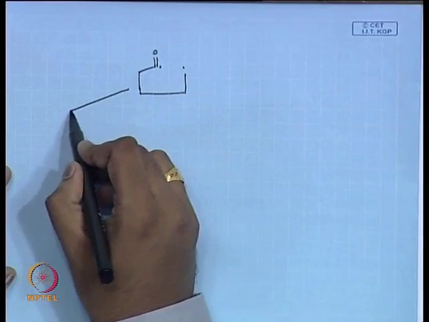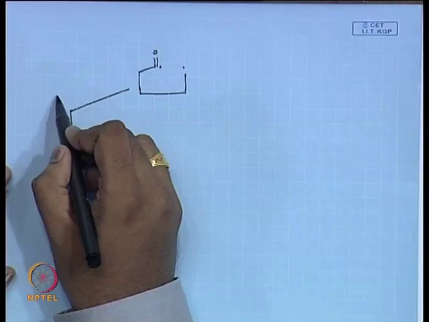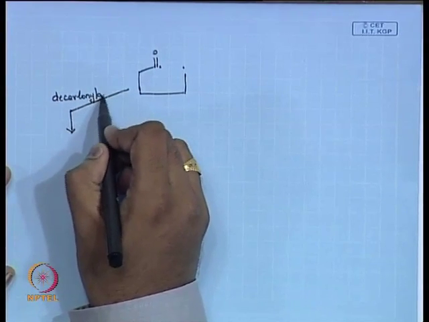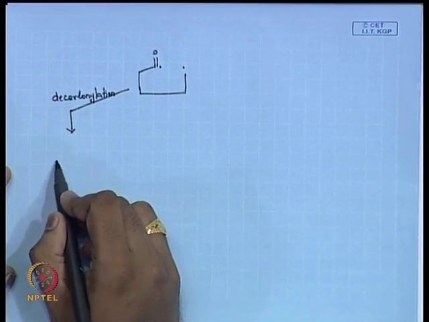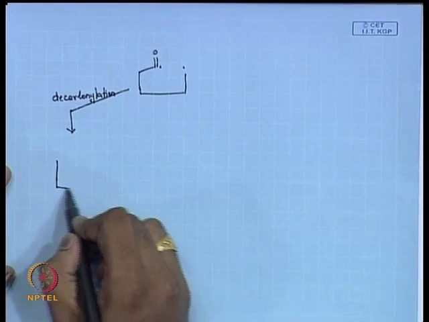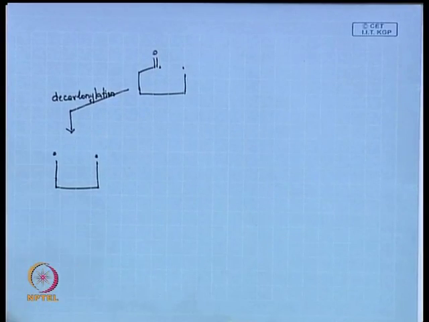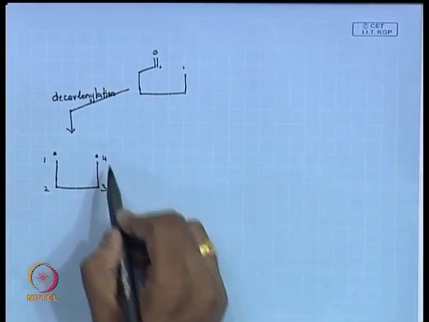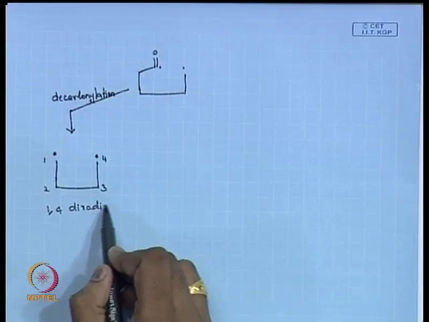So, you know it undergoes decarbonylation. So, what radical here are you getting? 1, 2, 3. We are talking about a 1,4 diradical now.